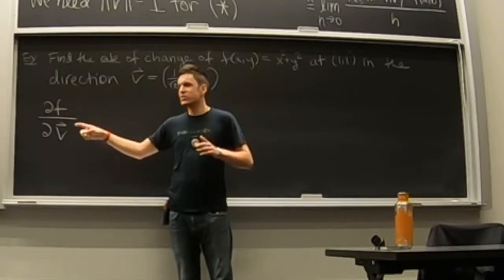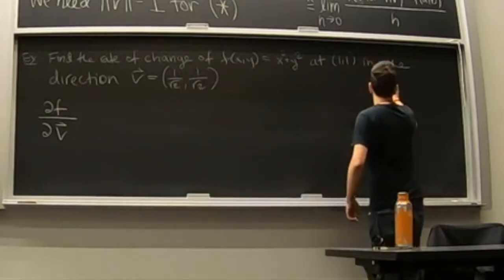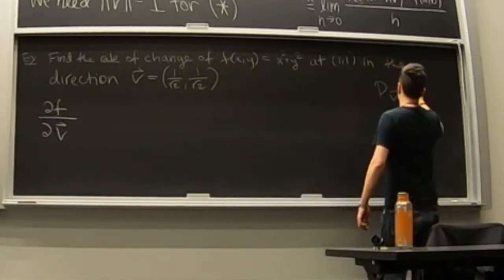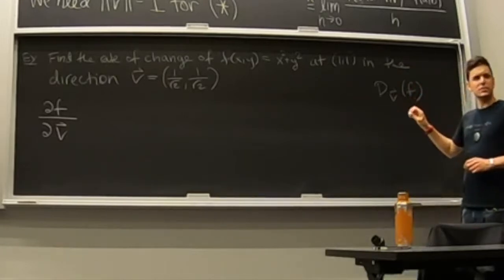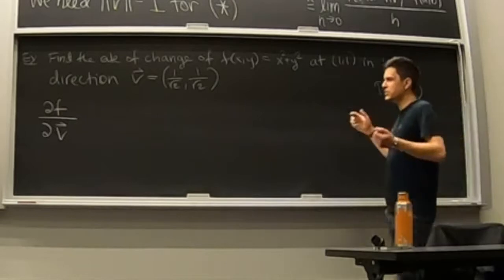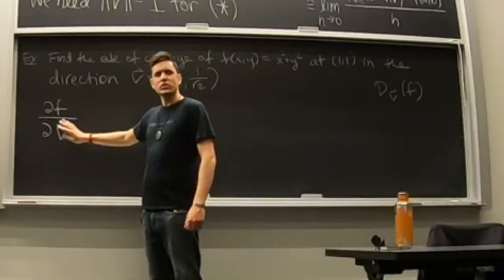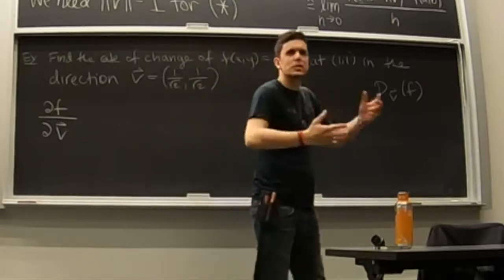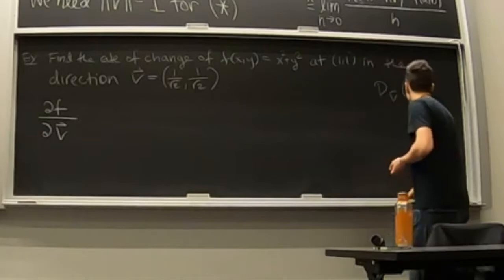I think Stewart writes this, something like this, so check Stewart. I like this notation because it feels similar to partial f, partial x. But this is one of these places where the notation is still kind of fluid and everyone writes something slightly different.